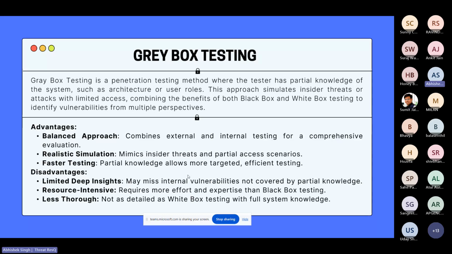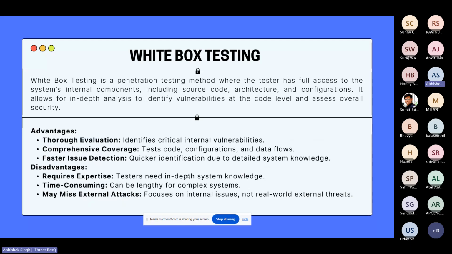Now we will move on to white box testing. In white box testing, the tester or the analyst has full access to the network and has admin roles so that they can perform a deeper search for vulnerabilities and also try to exploit them.